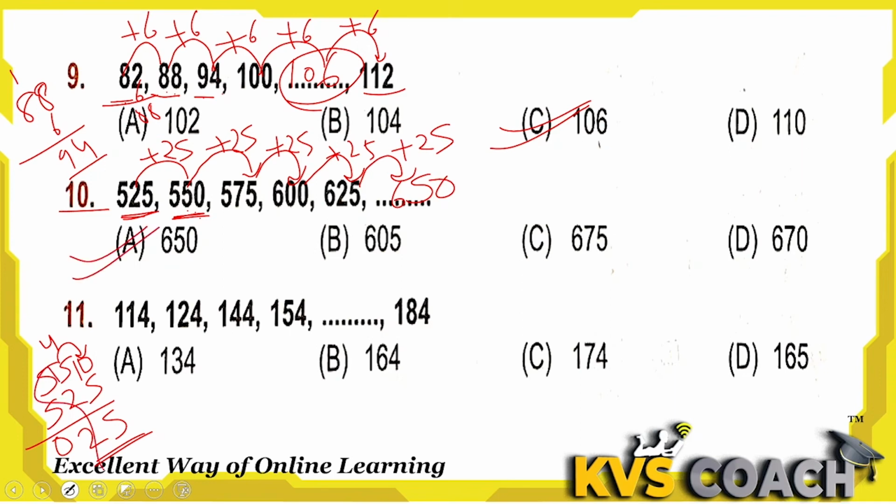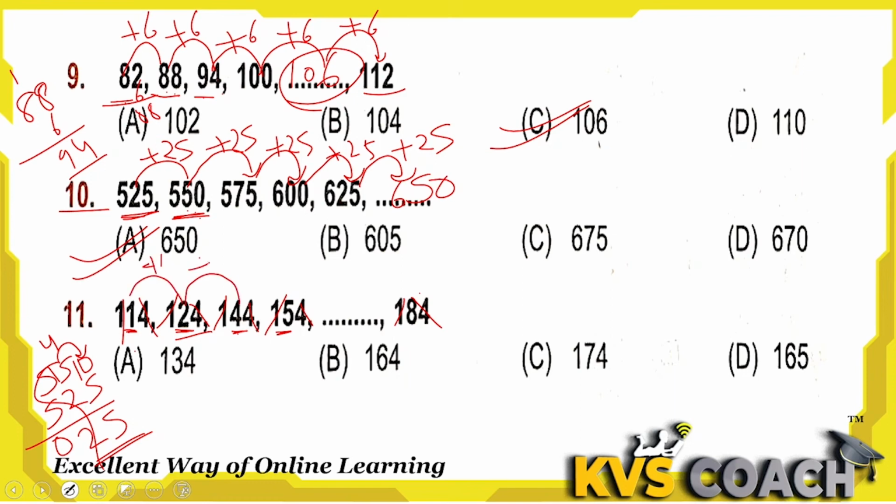Next is 114, 124, 144. Look, in all hundreds places there is 1, 1, 1, 1, 1. Okay, and all ones places are 4, 4, 4, 4, 4. So the changing digit is only the tens place. So the tens place is 1, 2, 2, 4, 5. देखो here the difference is 1.